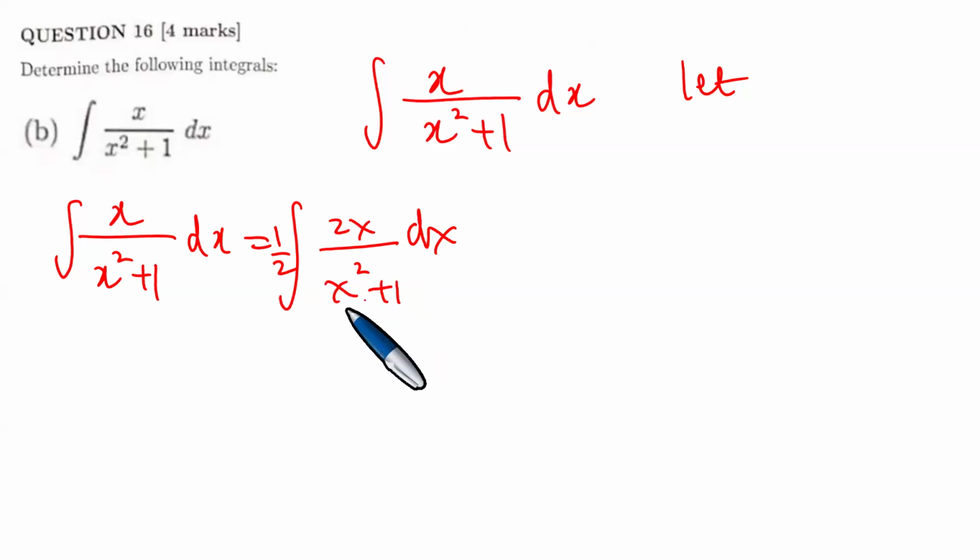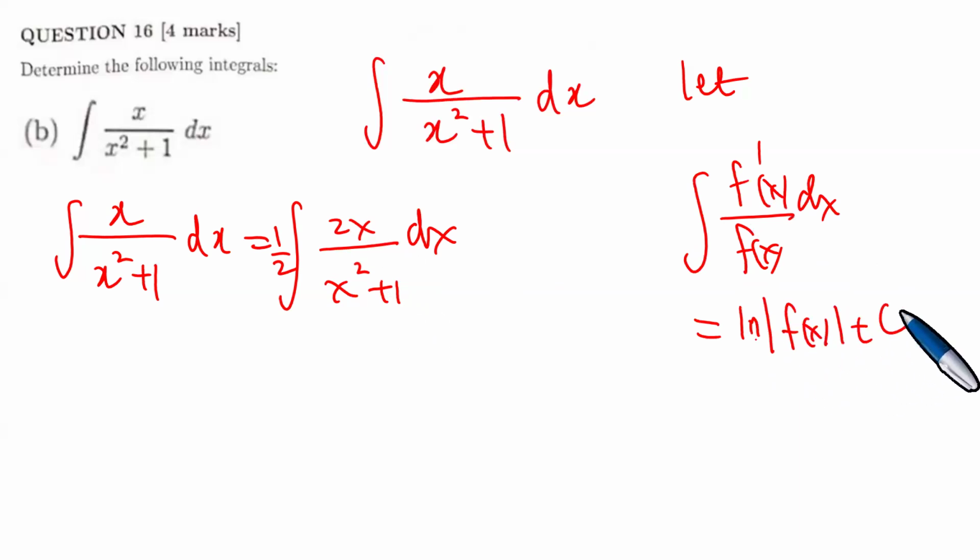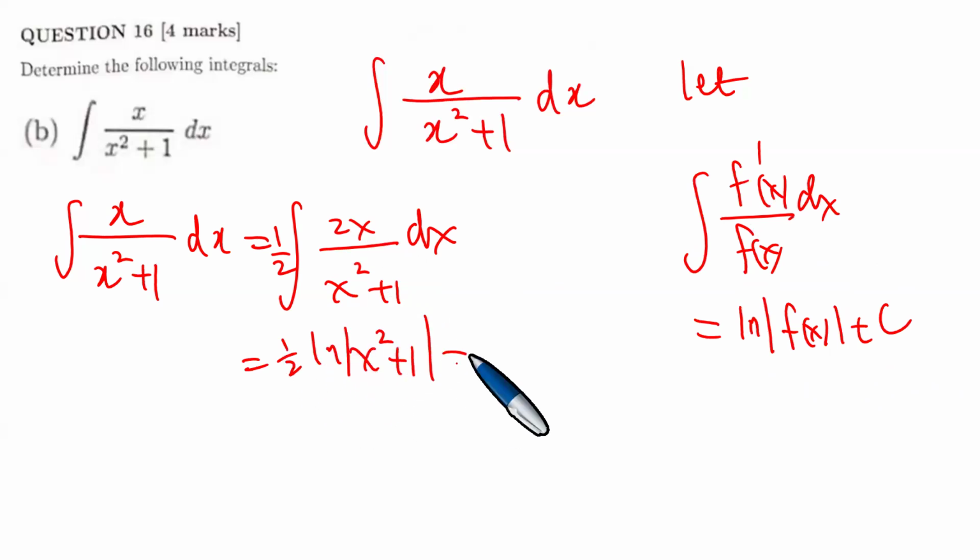We know in mathematics that whenever there is a function f of x whose derivative sits in the numerator, then the answer becomes the ln of f of x plus c, which is 1/2 the ln of x squared plus 1.